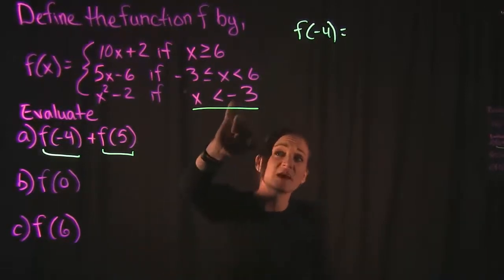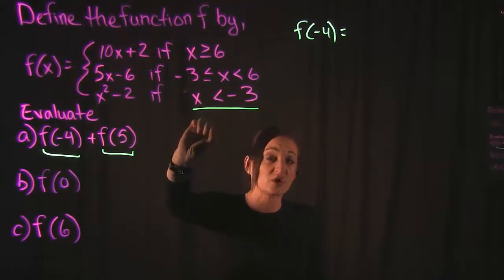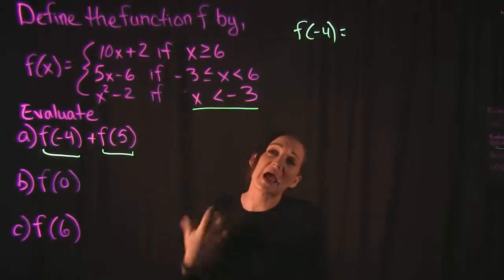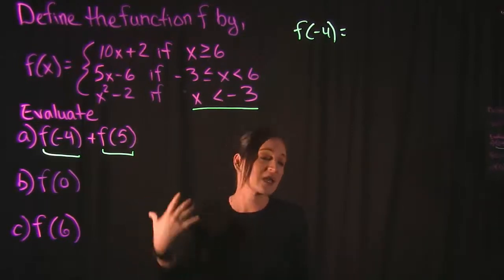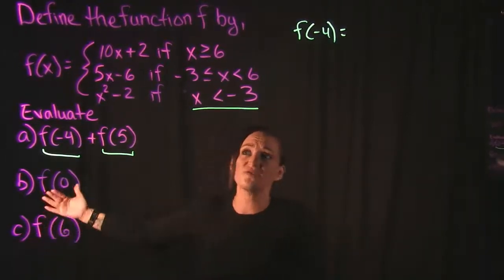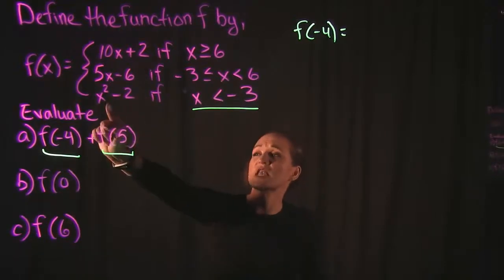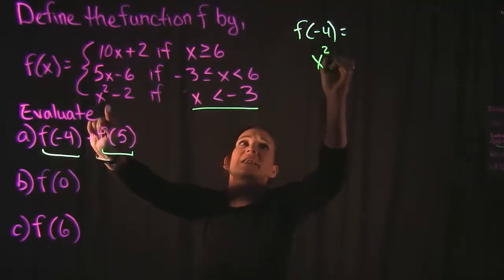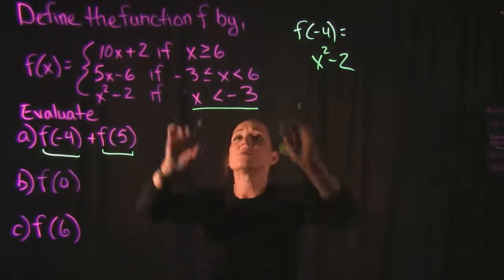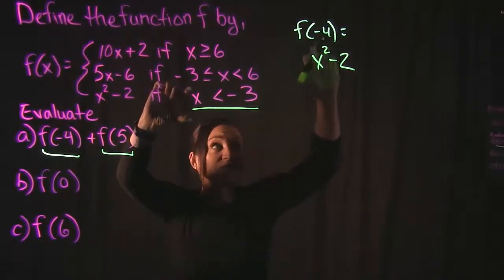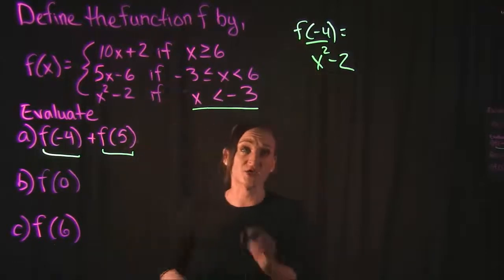So negative 3 is not included because it does not say less than or equal to negative 3, but everything less than negative 3, so when x is negative 4, negative 5, negative 6, and so on to infinity, we're looking at the function x squared minus 2. This is the function we're going to plug into because it has the range that negative 4 falls under.